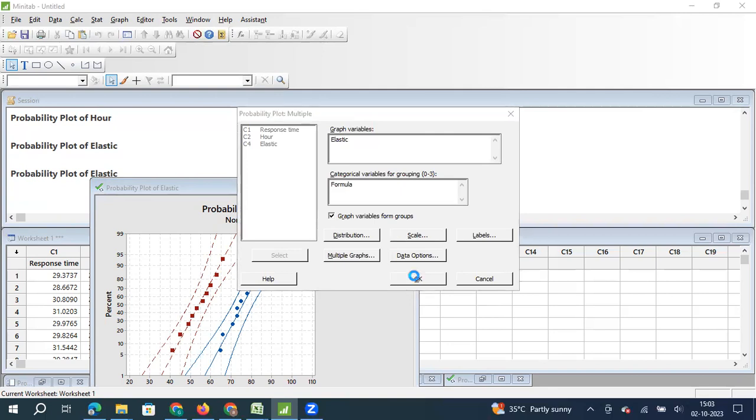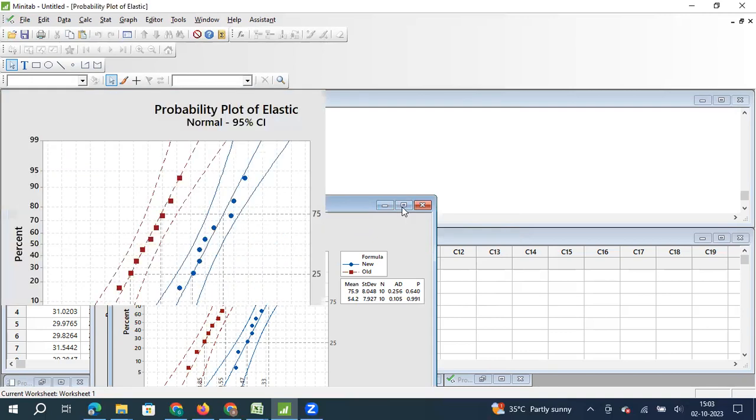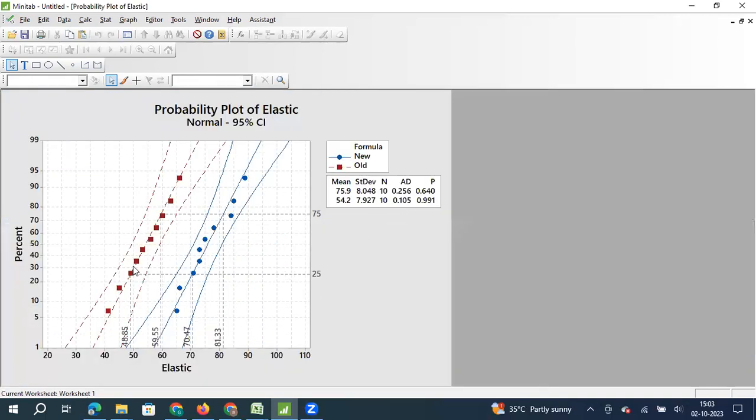So what you will understand is, for both these graphs, where is the 75th percentile and where is the 25th percentile. Sorry, the 25th percentile of data is somewhere around 48.85, and the 75th percentile of data is somewhere around 74.03. This is for the old formula.